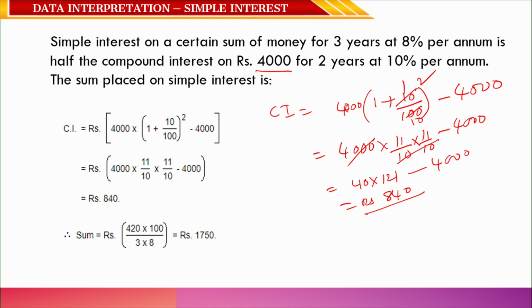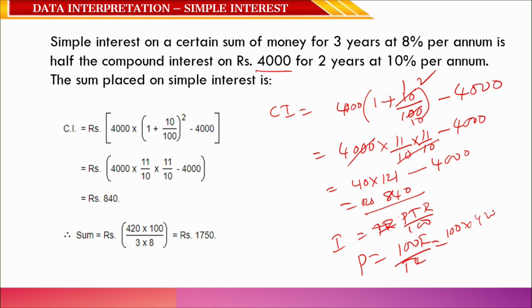But if you calculate a certain sum for 3 years at 8% per annum, okay, so I is equal to PTR by 100, correct. Or you have to calculate the amount P that is going to be required. P is equal to 100 I by TR. I is half of it, correct.